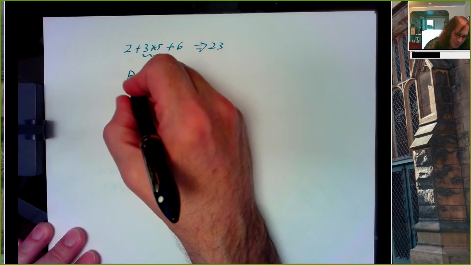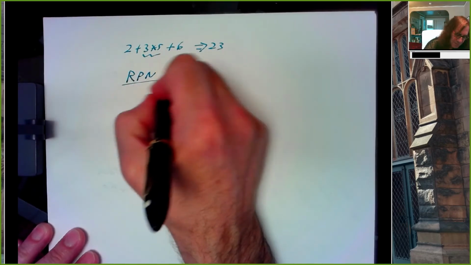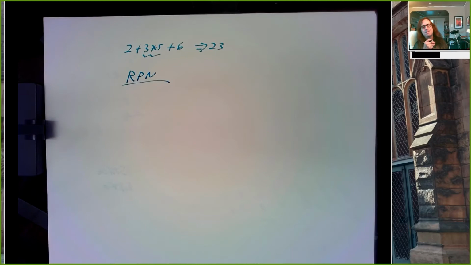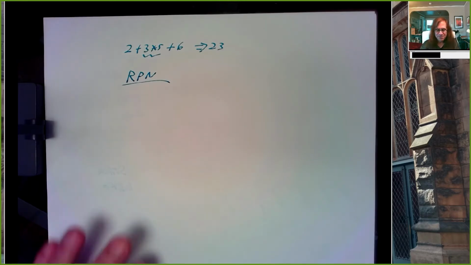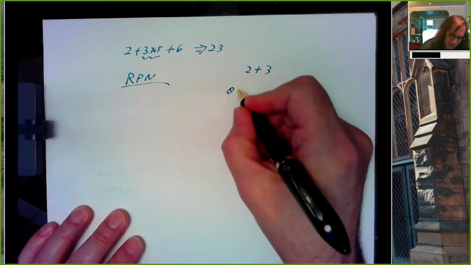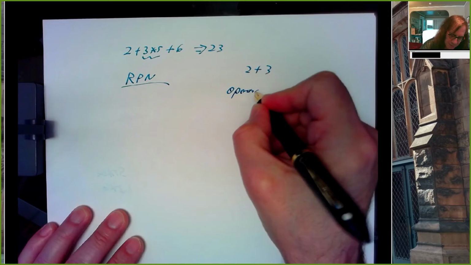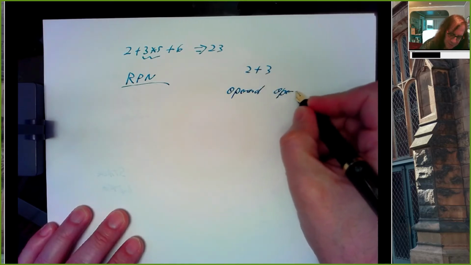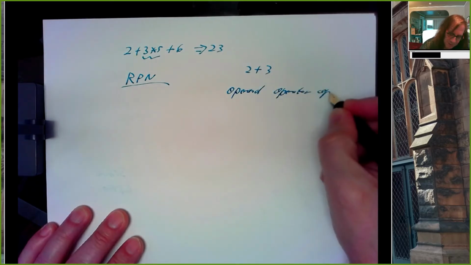They used something called RPN, reverse Polish notation. And RPN was a different way of describing an operation you wanted performed. Now when you say something like 2 plus 3, you're saying operand, operator, operand.